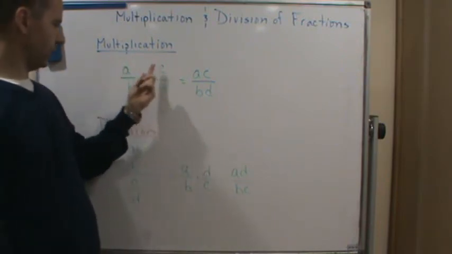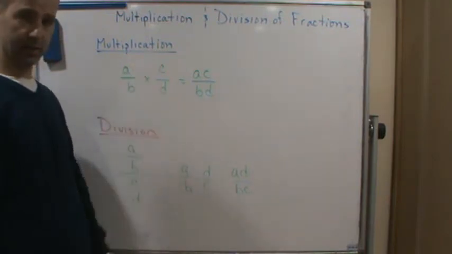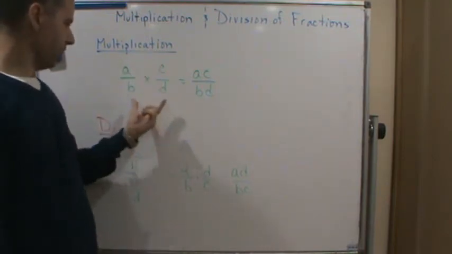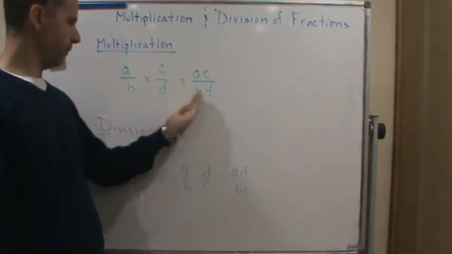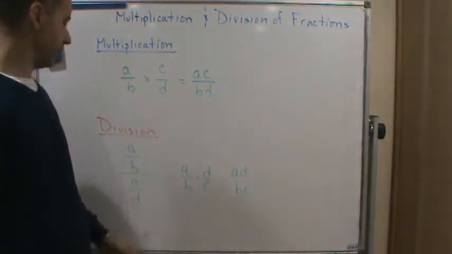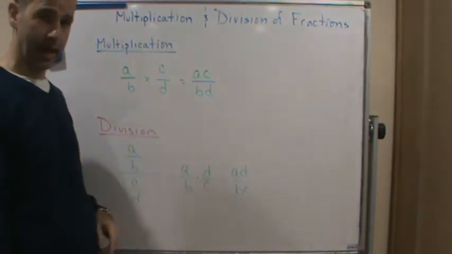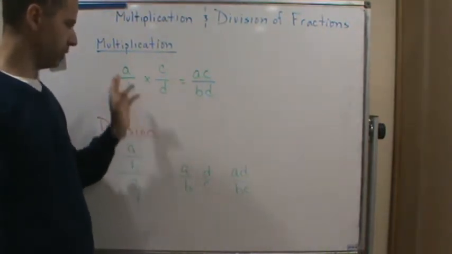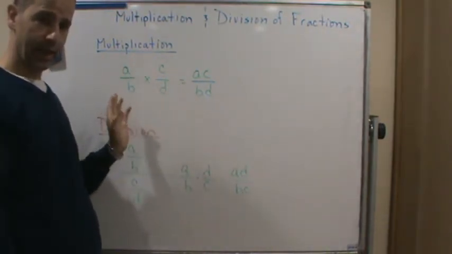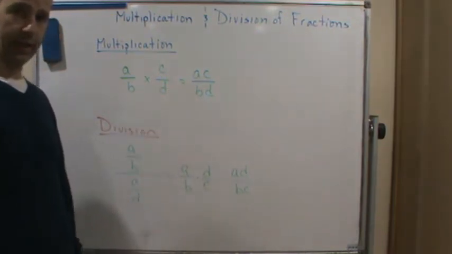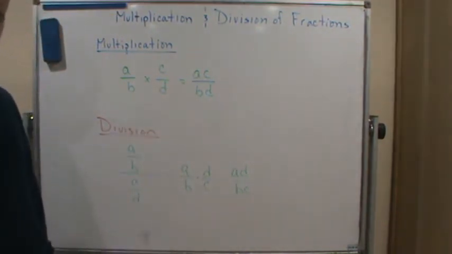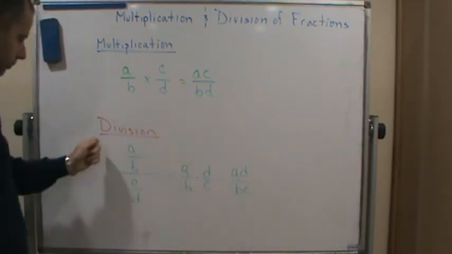Obviously, we also want to look at cancellation, if there's any cancellation that we can do first to make sure that this fraction is in lowest terms, but nonetheless, the basic idea, the process is to multiply across the top, multiply across the bottom. So multiply the numerators and multiply the denominators and then divide those products, and that's how you do it.